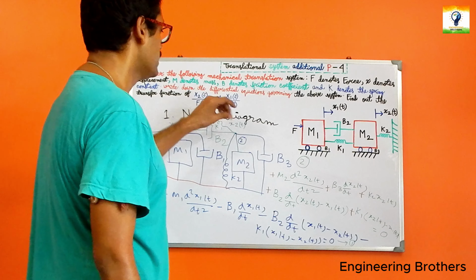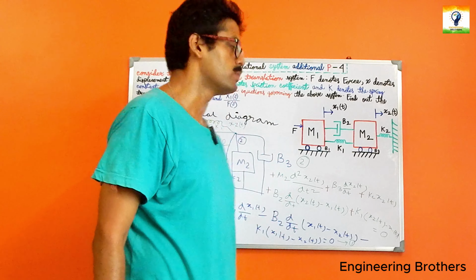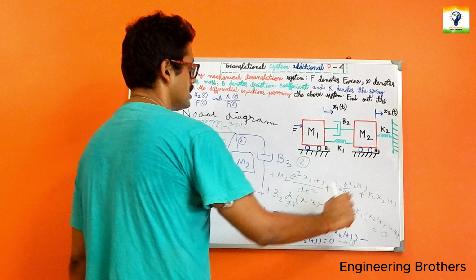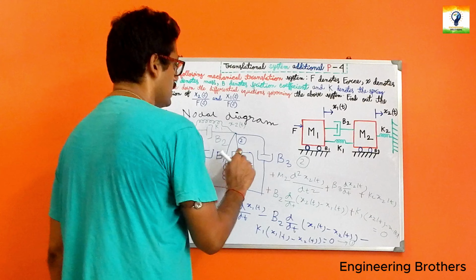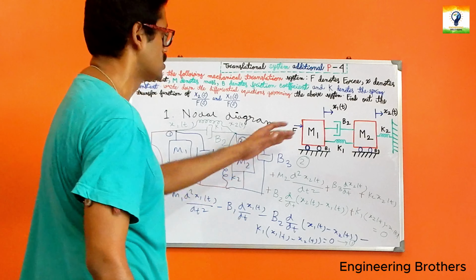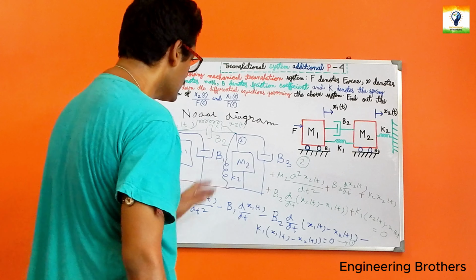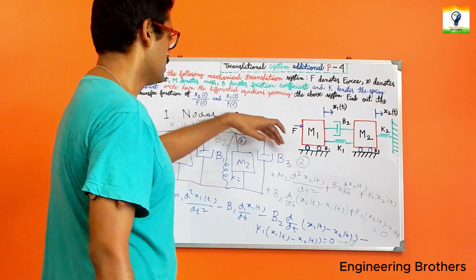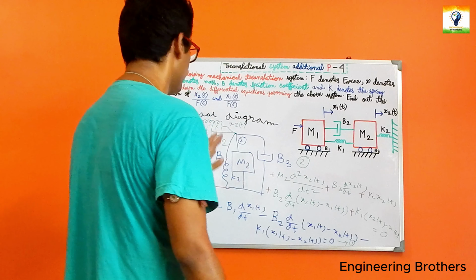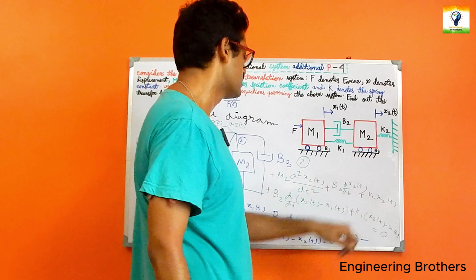Similarly, if we apply the D'Alembert principle on node 2 as well, all those elements have negative values. Because of m2, we have minus m2 d²x2(t)/dt², minus b3 d/dt of x2(t), because b3 is present over here, and for k2 we have minus k2 x2(t).